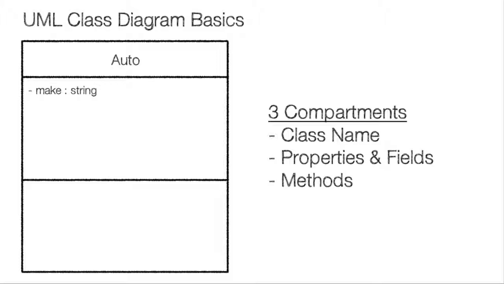So in this particular case, we can see that we have a private field that's of type string called make, and notice that the minus sign is a way of denoting that it's private as opposed to a public member. Notice that you have the name of the member itself, lowercase m make, and then the type that's referenced by a colon.